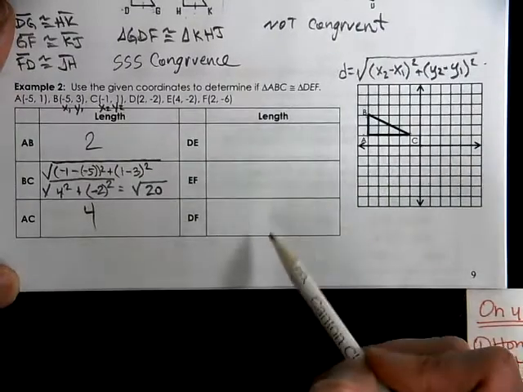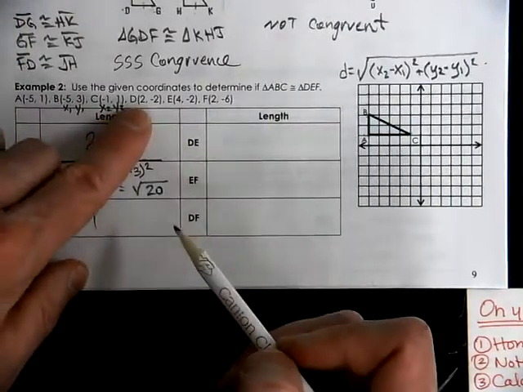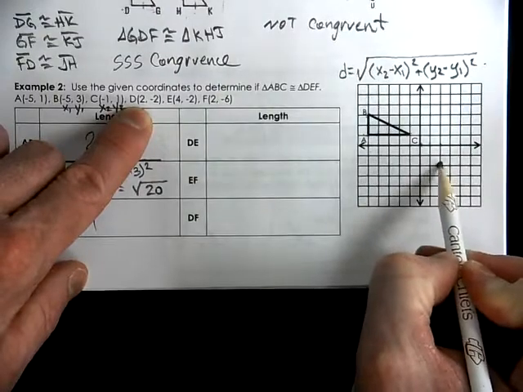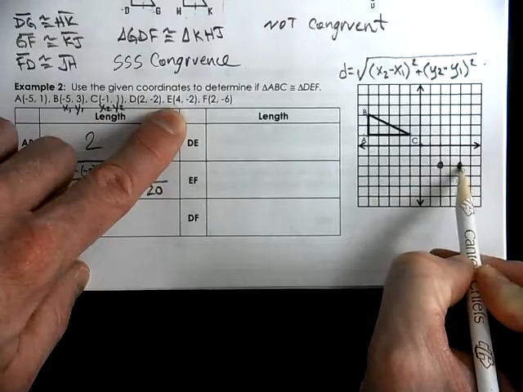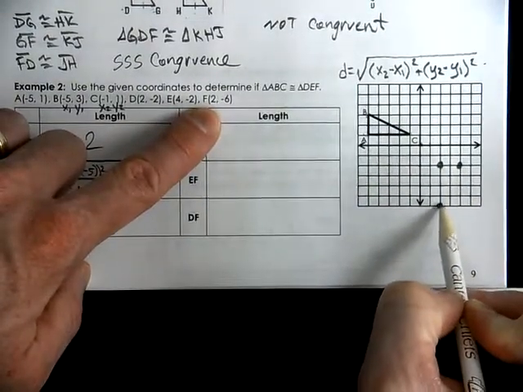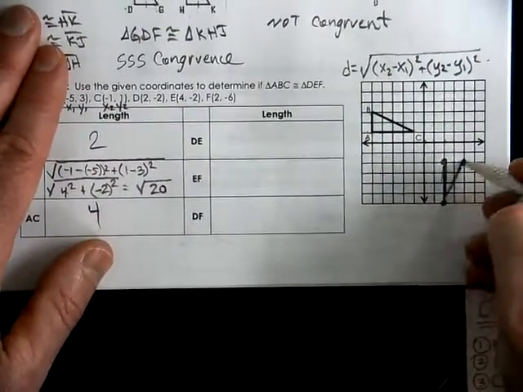Now we have to compare it to the second triangle. So we're going to plot our points. D is at 2, -2. 4, -2. And 2, -6. There's our triangle.